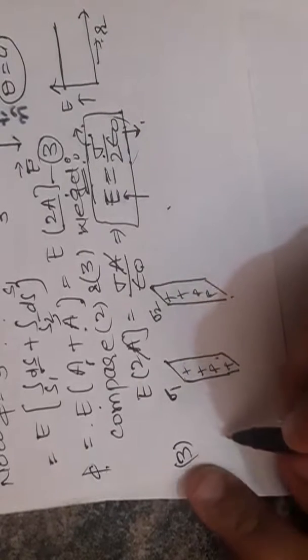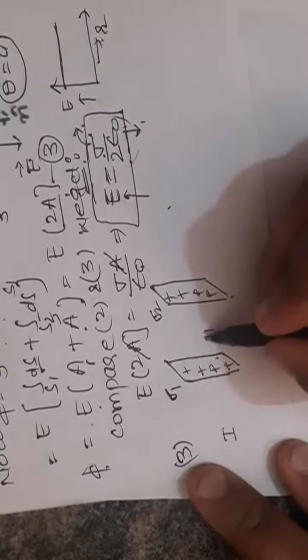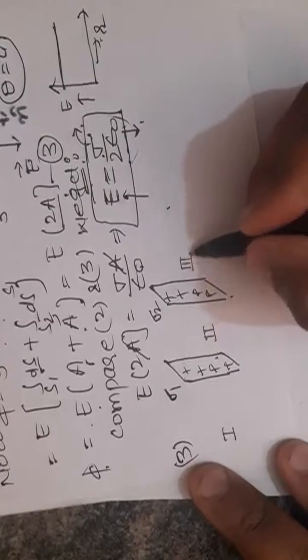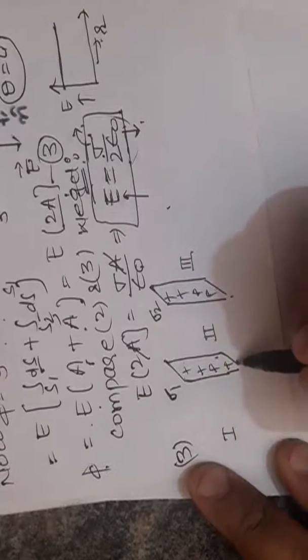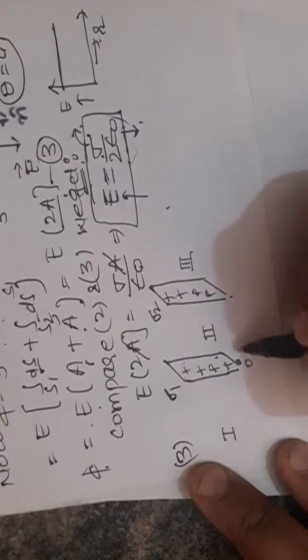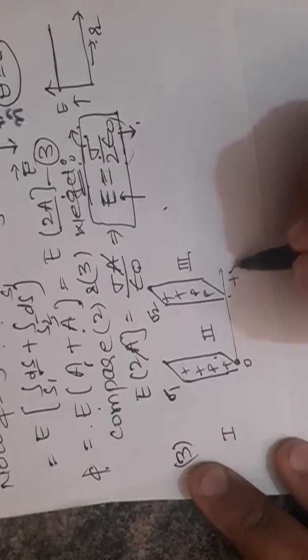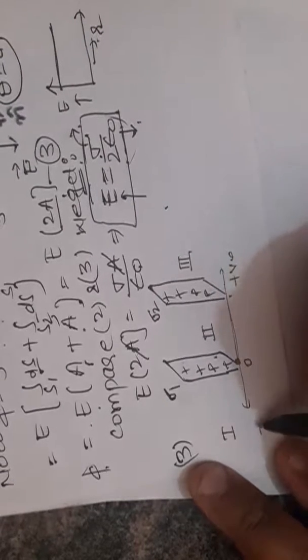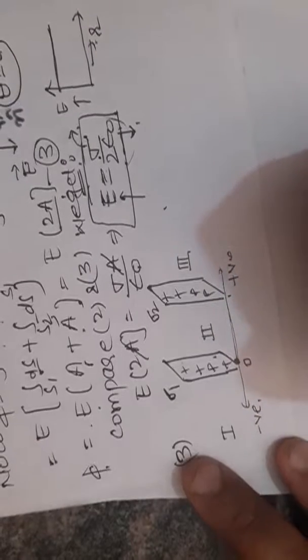So what we did, we divided this into three regions: first region, second region, third region. I am taking this as the origin, so this side will be positive. If I move to this side, then it will be negative.